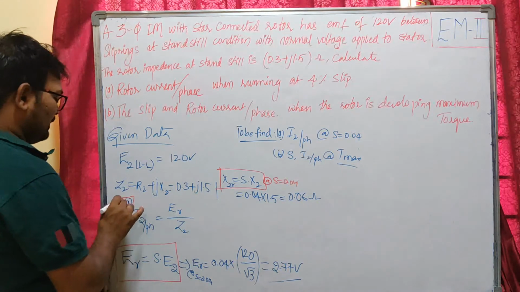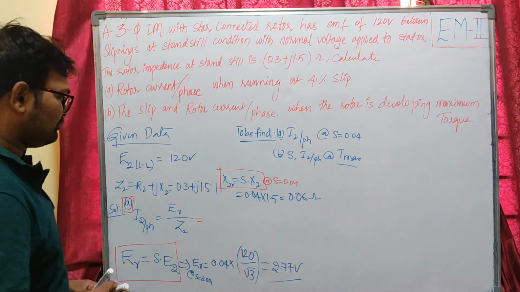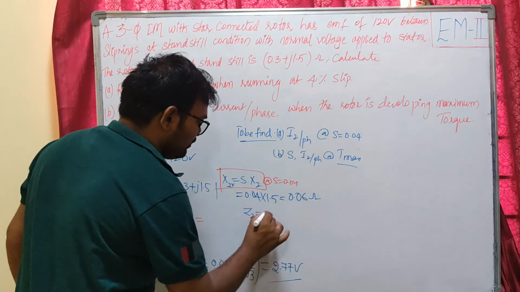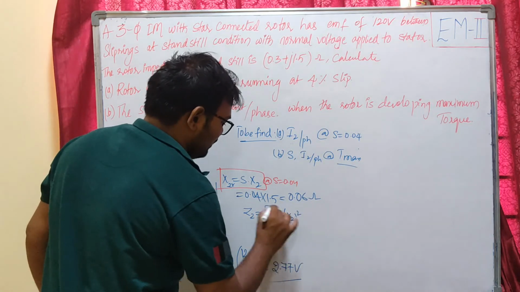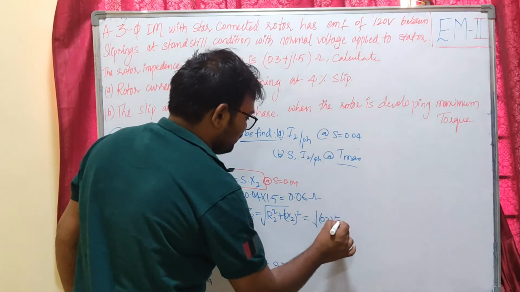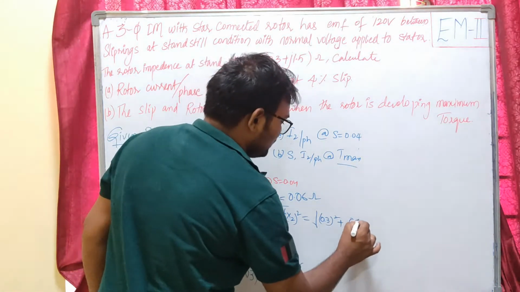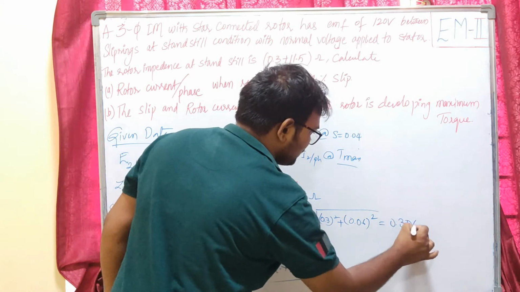So I can find out the rotor current. Let me find out the Z2 here. Z2 equal to the square root of R2 square plus S X2 whole square. I am substituting the values here: 0.3 whole square plus S X2 whole square, which is 0.06 whole square, which equals 0.306 ohms.